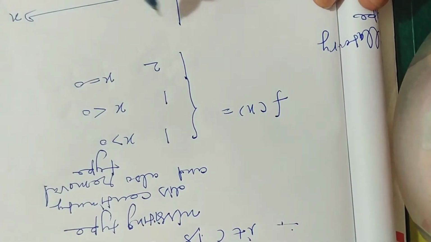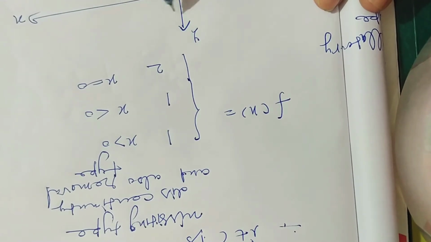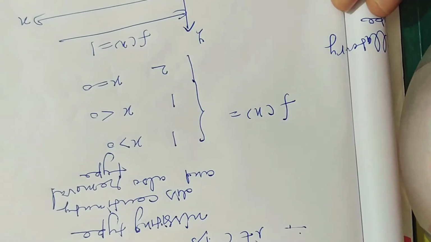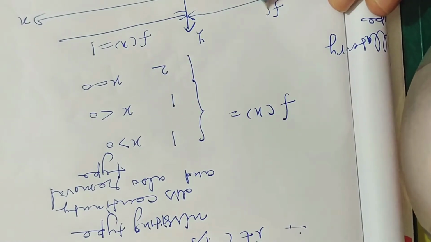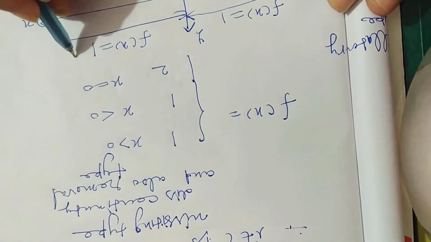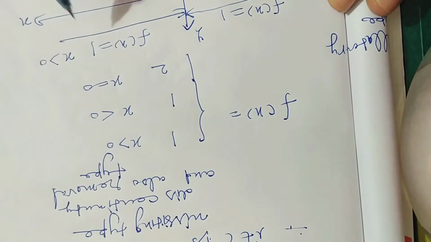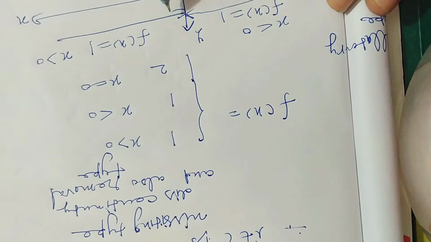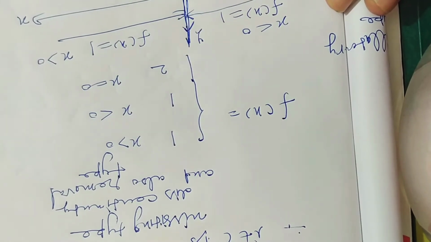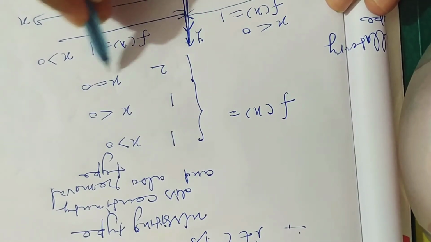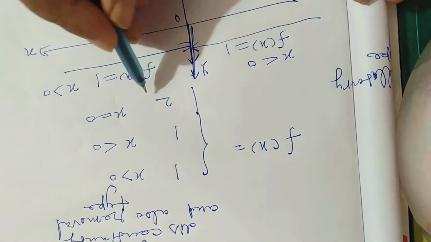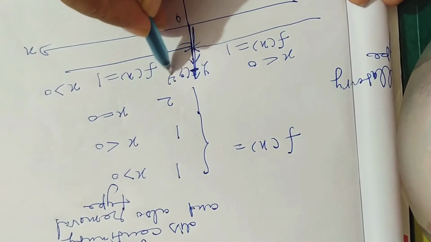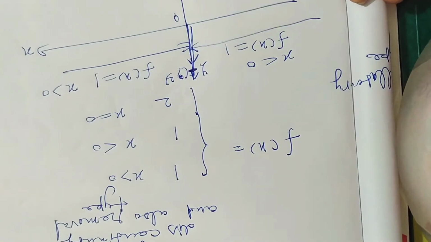X-axis and y-axis. This is the graph f(x) is equal to 1 and this is also the graph f(x) equal to 1, the condition is that x greater than 0 and the condition is that x less than 0. But at x equal to 0, we see the value of the function is 2. Therefore this point is (0, 2).